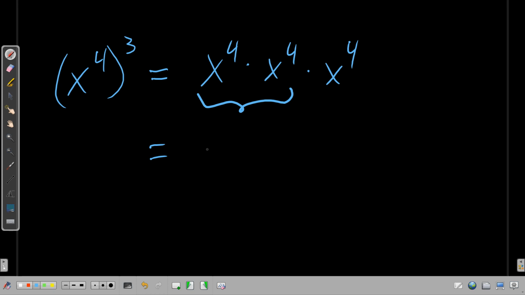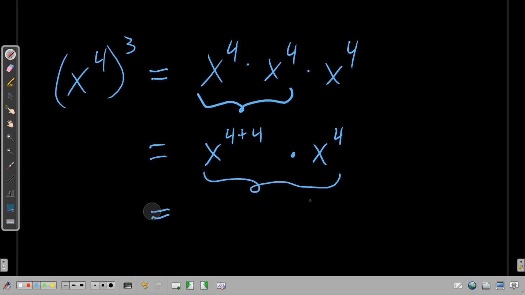These 2 guys together, based on what we just talked about, would have to be x to the 4 plus 4. That was using the previous rule. And then I still have this other x to the 4th right here.